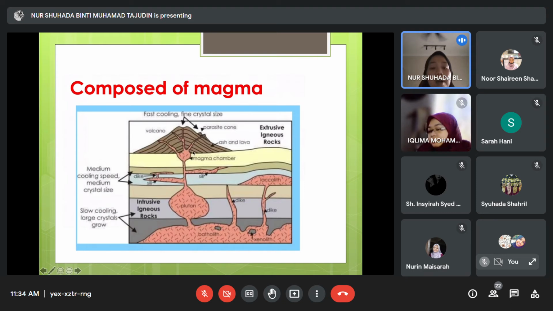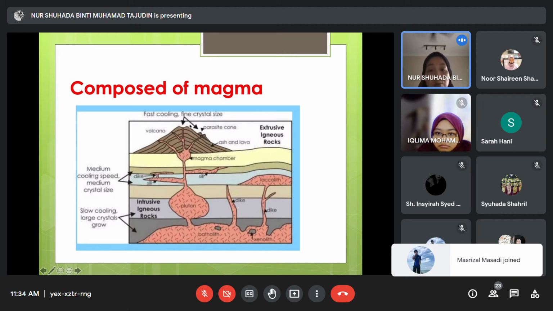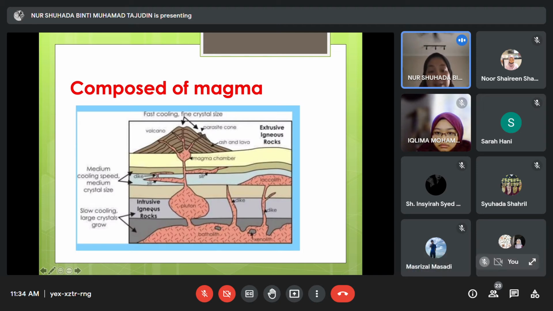Okay, however, extrusive is outside. Maksudnya dia punya magma dah keluar and it cools down outside of the earth. While intrusive igneous rock is from the inside.